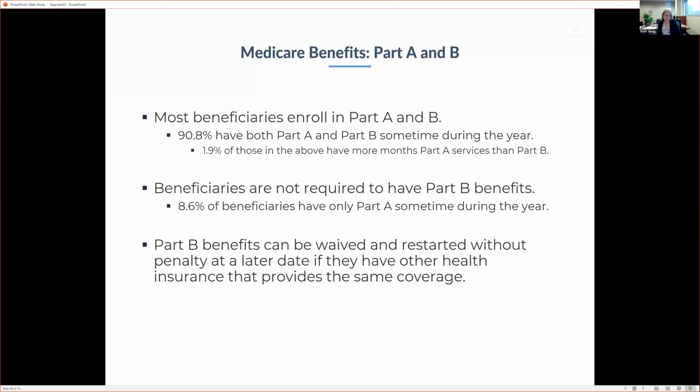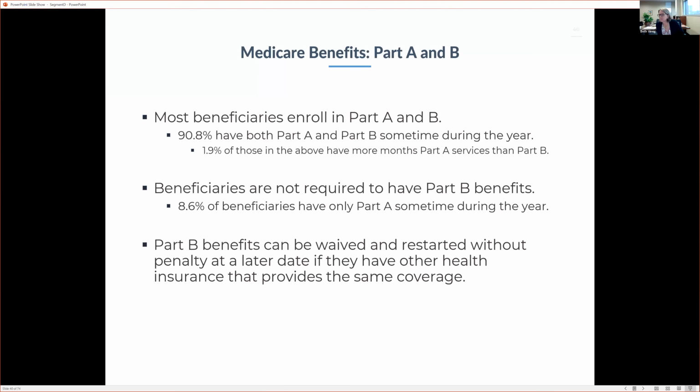So if somebody is still working and they have benefits through their work that is comparable to what Medicare would provide, they can waive their Part B without penalty. We talked about the penalty this morning, but this is the one exception. The challenge we have is we cannot see whether or not they had permission to waive it because of this or not. So we only see more Part A than Part B, but we don't see why.